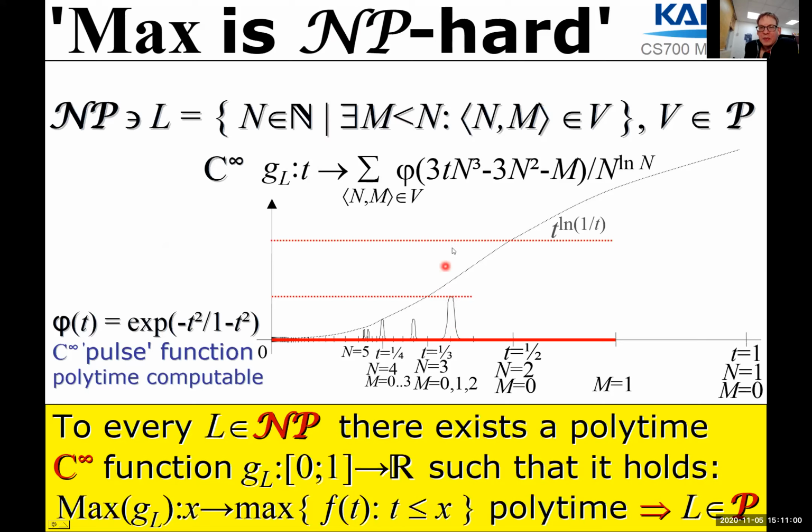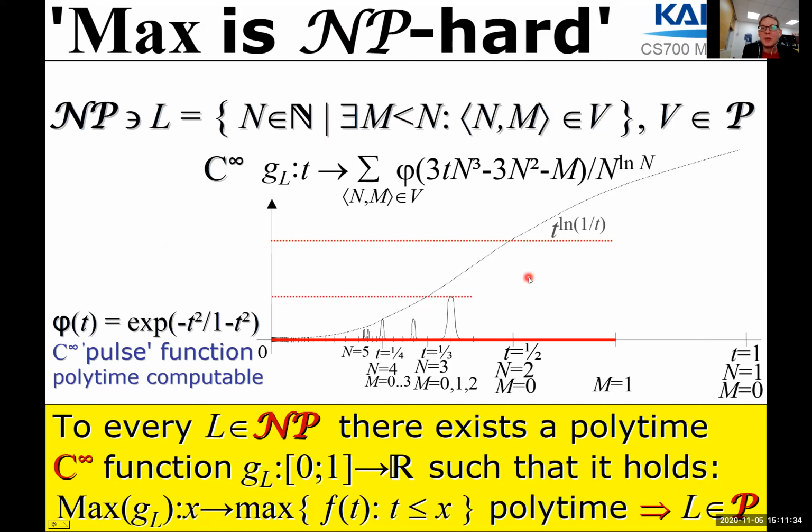But the gap is large enough so that we can evaluate the function up to polynomial precision, like precision 2 to the minus n cubed or something, to distinguish whether the maximum is this or whether the maximum was smaller or equal to this. And this distinction will tell our algorithm whether there was a pulse present or not, right?